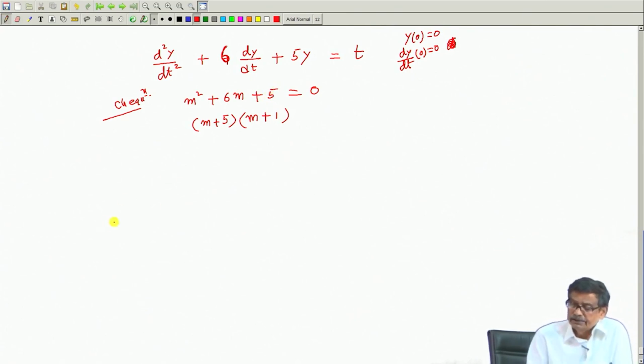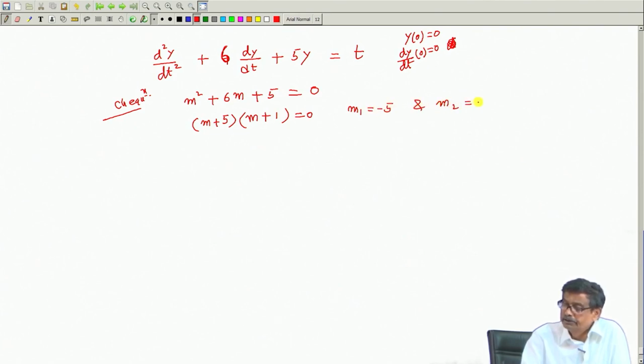So you factorize, you get this, and that is equal to 0. What are the roots? m1 is equal to minus 5 and m2 is equal to minus 1.